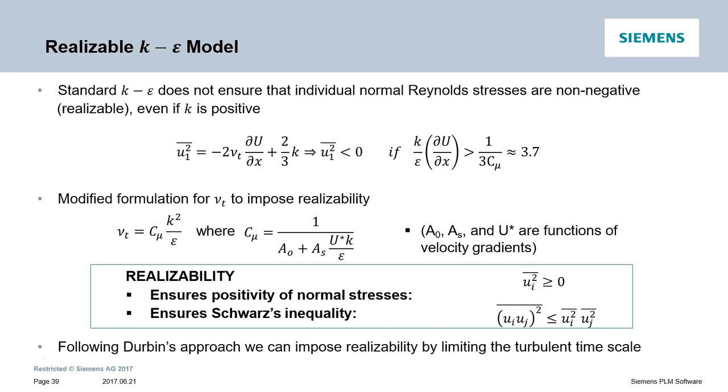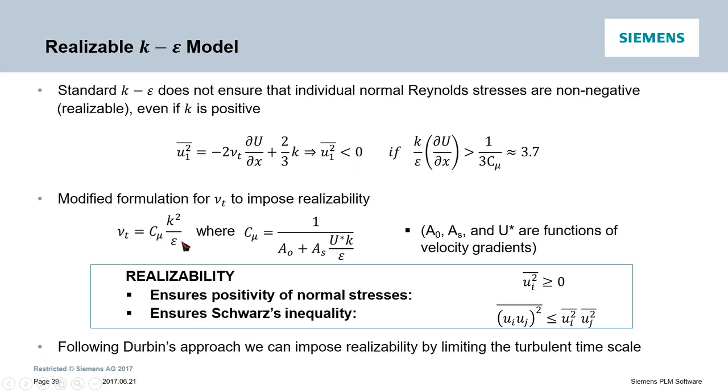For example, in a strongly accelerating flow, if we look at this equation for the streamwise normal stresses, if the streamwise mean gradient is very high, it will give us negative normal stresses. And negative normal stresses are called an unrealizable state because no real statistic can have negative variance. Now we can address this issue right here by limiting our eddy viscosity such that my normal stresses are always positive.